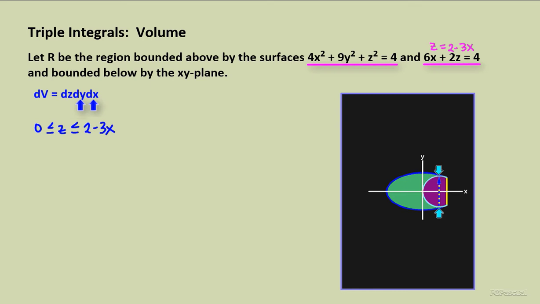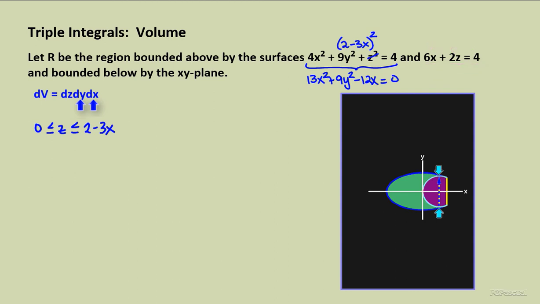Well, what we are after anyway is an equation on the xy plane. We replace z by 2 minus 3x in the ellipsoid equation. Simplifying, we should get 13x squared plus 9y squared minus 12x equals 0.